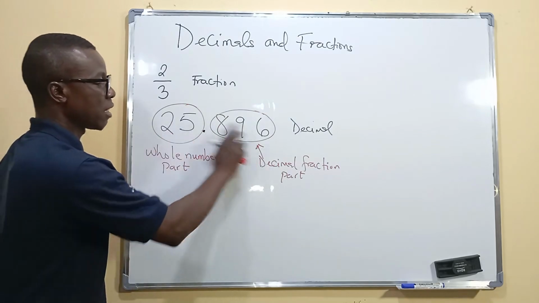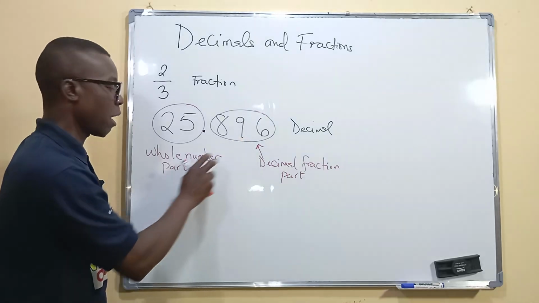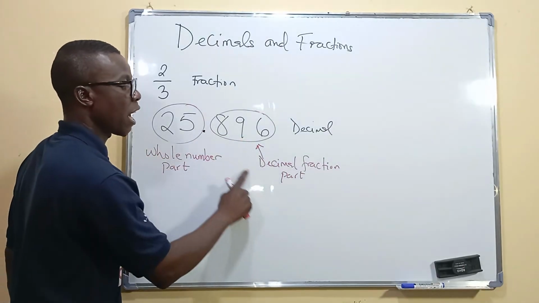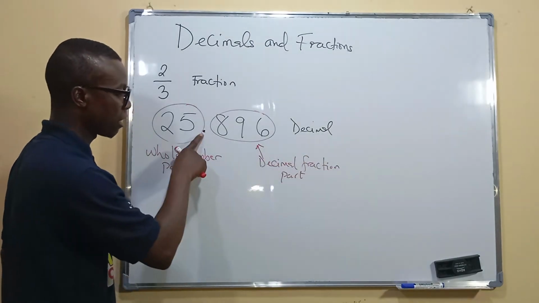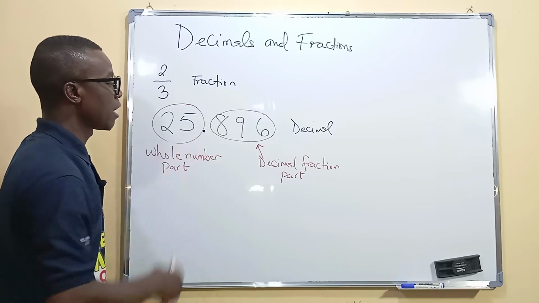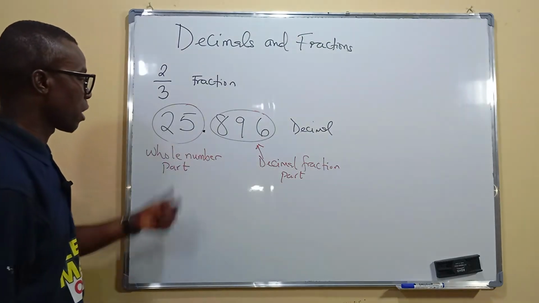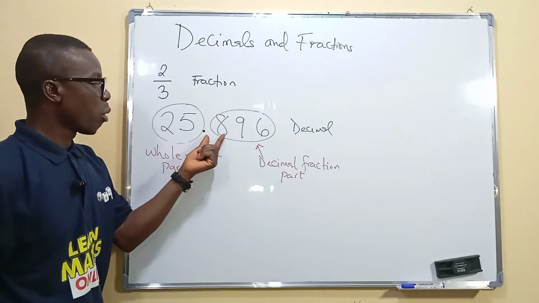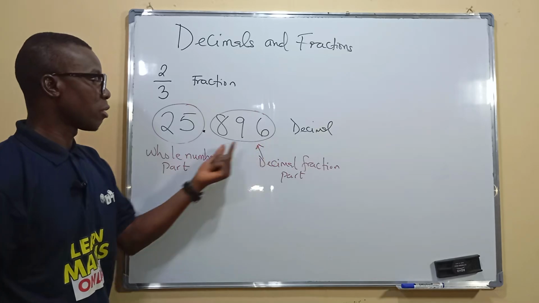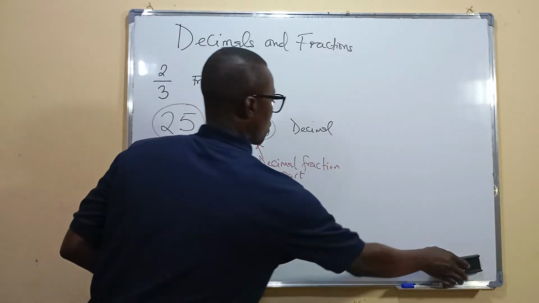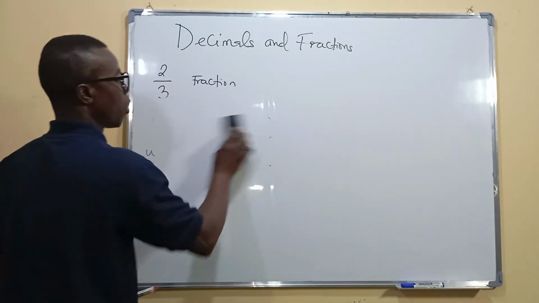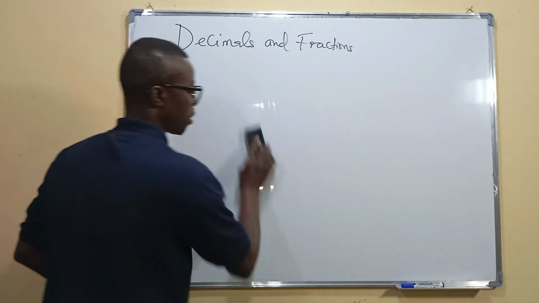So we can see that decimal numbers are made up of two parts, the whole number part, and then the decimal fraction part immediately after the decimal point. So when we want to call this out, we say 25.897.